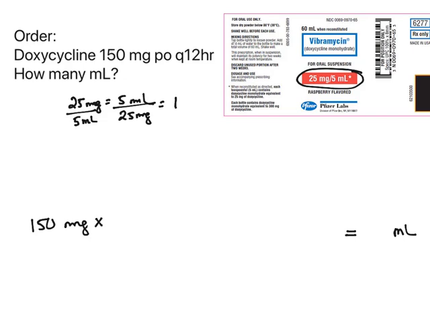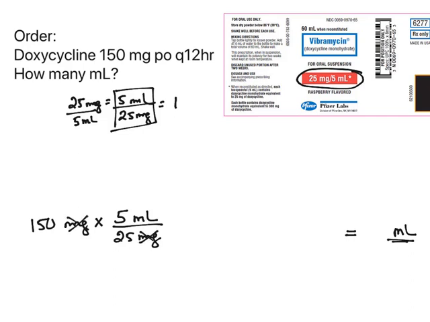So I'm going to multiply by one of these, and again, I want to end up with mLs on the top of my equation. So I'm going to take this one, and multiply 150 milligrams by 5 milliliters over 25 milligrams. Again, this is equal to 1, so I'm not changing anything.